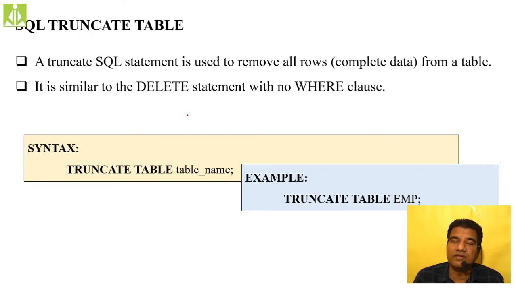So it will simply delete all the rows present inside your table. It will act like the delete from employee command. Delete from employee, as we are not specifying any row specification, it will delete all the rows.